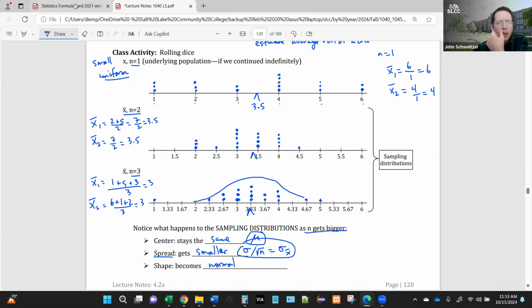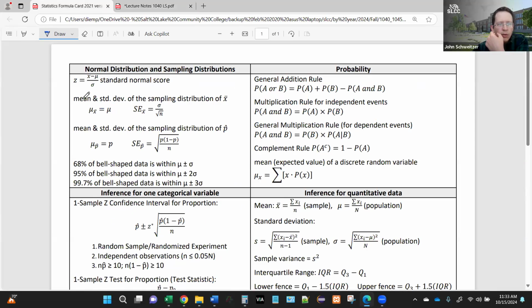Okay, so this is the result that we're seeing here, the mean and standard deviation of the sampling distribution of X bar. It's similar to the result for the sampling distribution of p hat. So it's the second time we've seen sampling distributions. It's based on the central limit theorem. Okay, so super important here.